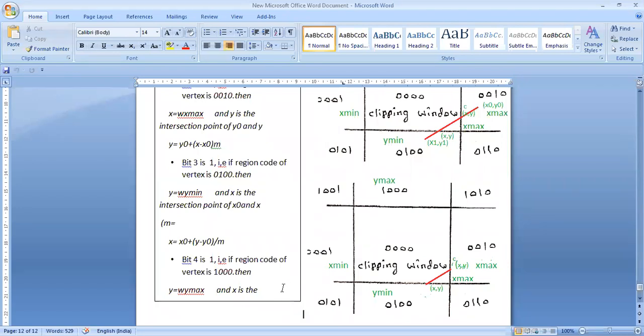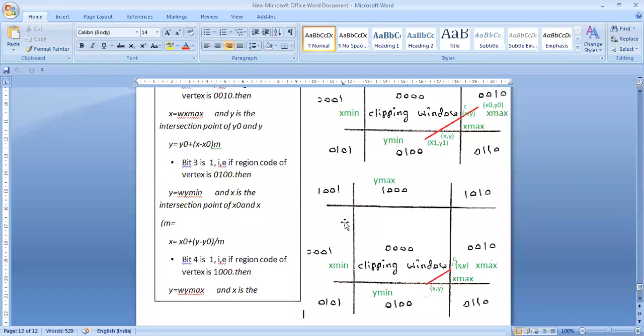At last I will get this particular line. I have brought this end point to here, and this end point to here. We will not actually delete the line, we will change the end point coordinates. This is the line I got now. This complete line we clipped to this form.